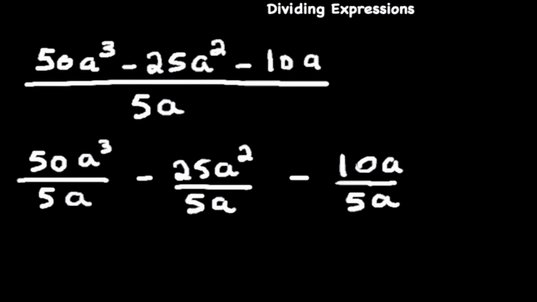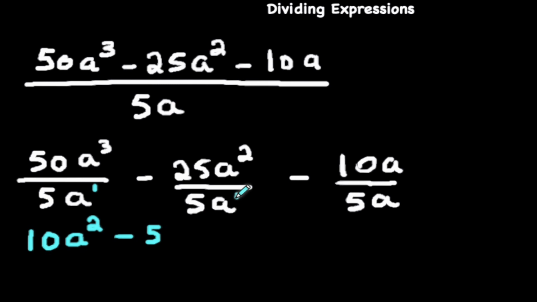Okay, so 50 divided by 5 is 10. This is a 1, so we have like bases, so we're going to subtract the exponents and keep the base. So 3 minus 1 is 2. So that's 10a squared minus 25 divided by 5 is 5.